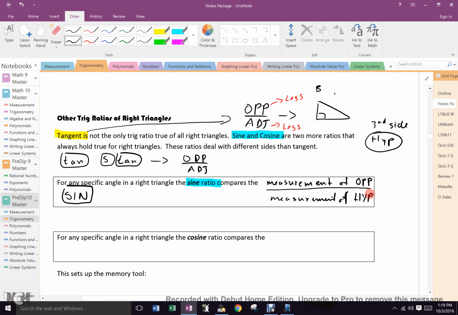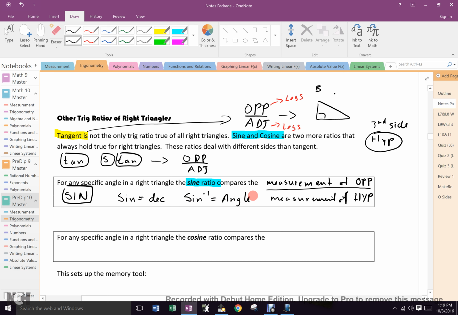Now, other than that, it follows the exact same rules. Sine gives you the decimal. Shift sine gives you the angle.